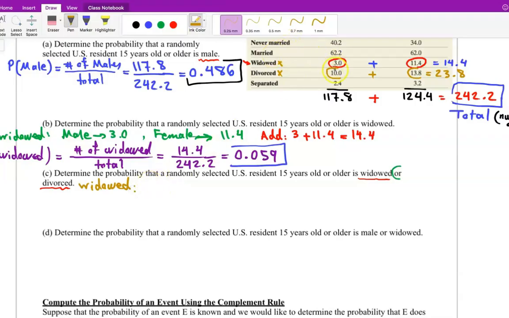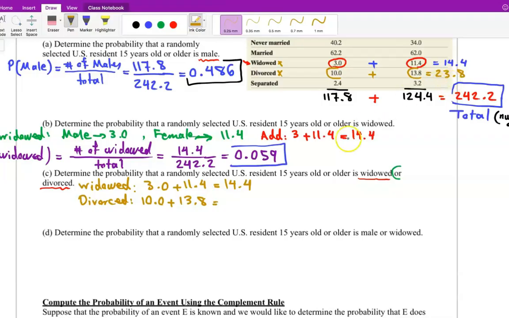So here we have 3 plus 11.4 and we got 14.4. And for divorced, here we have 10 plus 13.8.